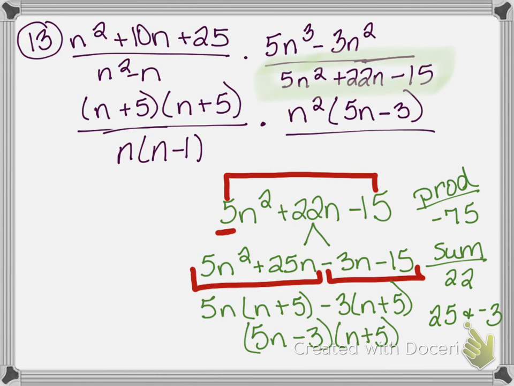We had kind of forgotten how to factor that. So now I am going to put this here. Okay? So it's remembering how to factor those that do not have a 1 in front of the squared value.